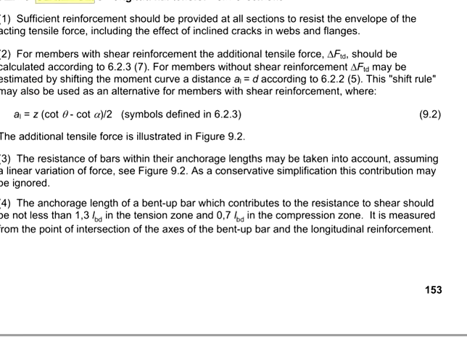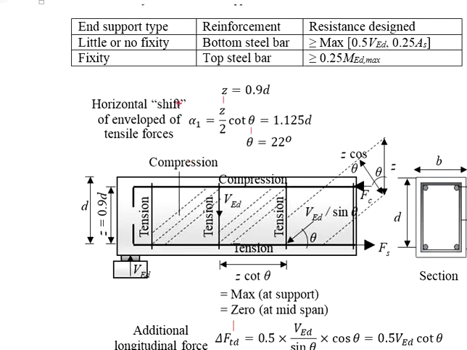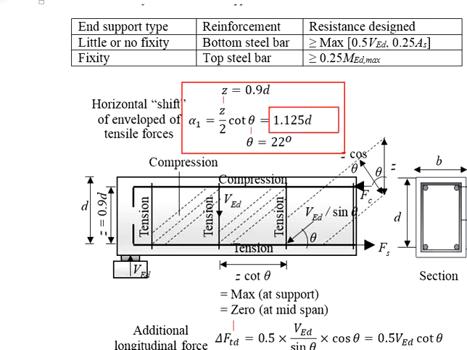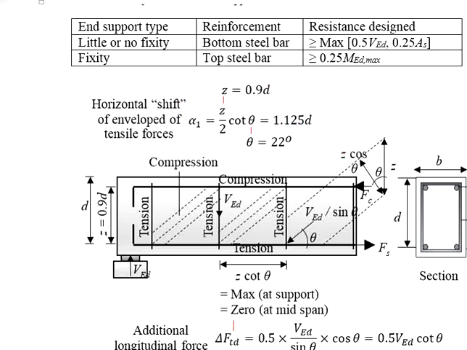Let's say now we are dealing with vertical shearing. That means cot alpha will be equal to 0, with alpha equal to 90 degrees, leading to the magnitude of the shift of the envelope tensile force. Alpha 1 equals the formula given here, and through the derivations it is equal to 1.125 D.